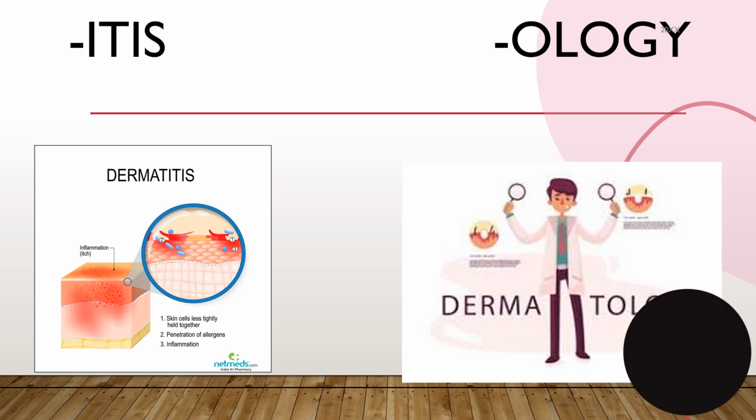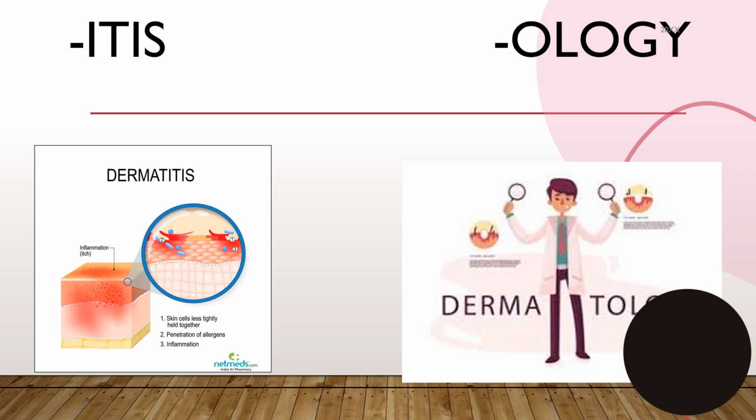What can make medical terminology simple is the way it is formatted, meaning the way you can sometimes get the meaning of the word by reading it from right to left. Take, for instance, the suffix on the left, itis, which always means inflammation, or the suffix on the right, ology, which always means study of.